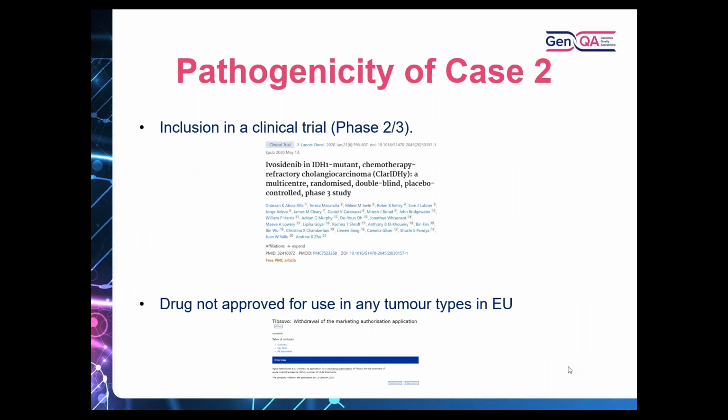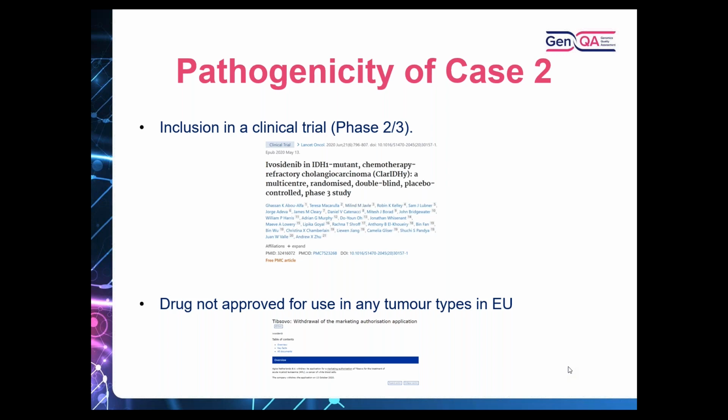So these two pieces of evidence provide strong evidence for either a Tier 1 or a Tier 2. Inclusion in a clinical trial, phase 2 or 3, was reported in this paper here by Abou-Alfa. What was interesting is that the drug is not currently approved for use in any tumour types within the EU.